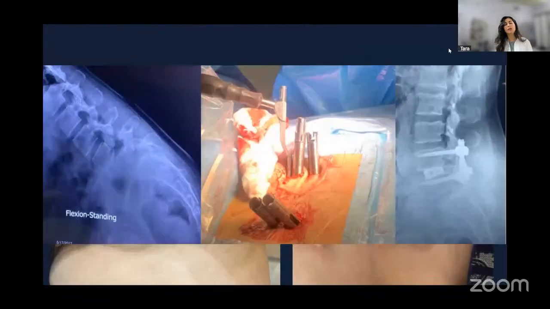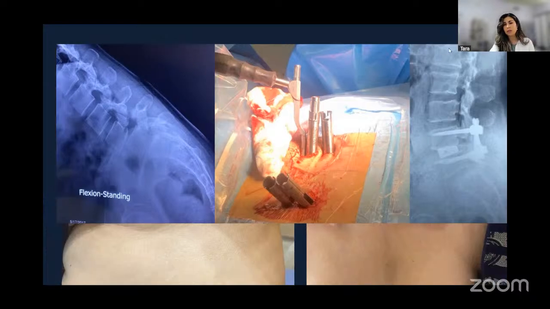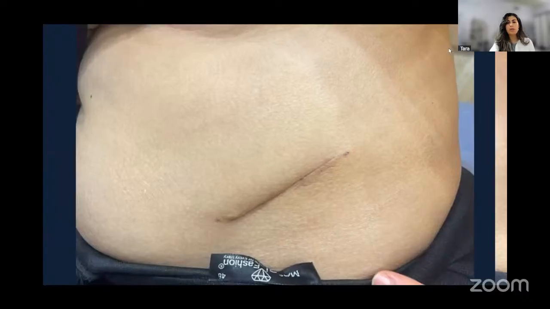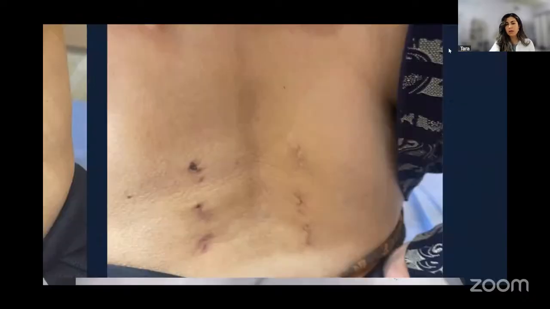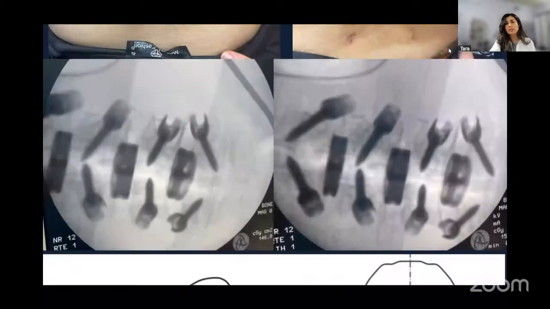After you do the anterior fusion, when direct decompression is not needed and only the correction of balance is required, you can go for posterior fusion by percutaneous screws without opening any wounds. A lot of people are familiar with this technique, 2 levels up to 3 levels of percutaneous screws. This is the scarring at post-op 2 weeks, and even up to 4 levels of percutaneous screws can be done.